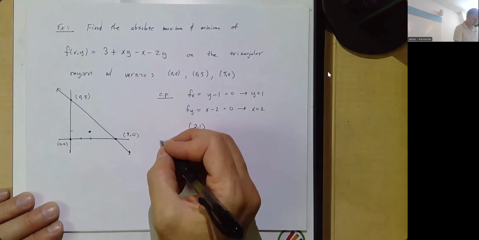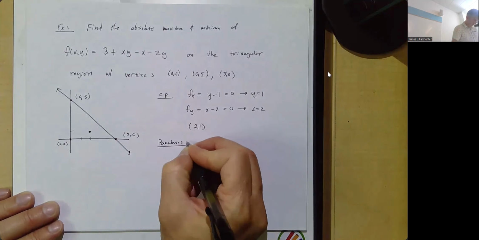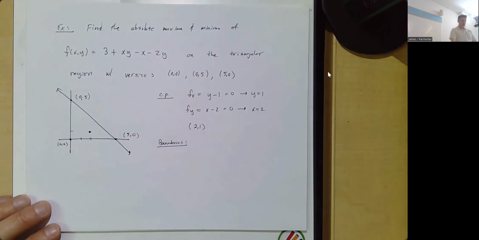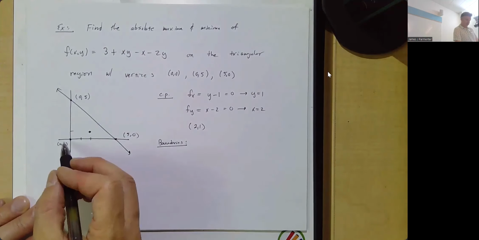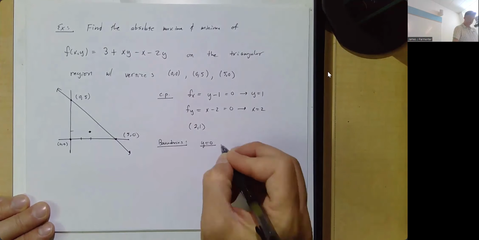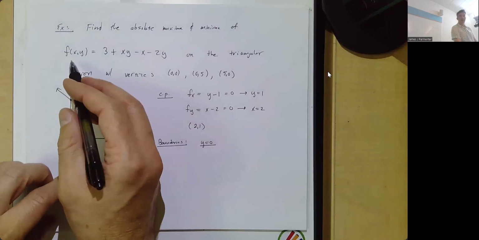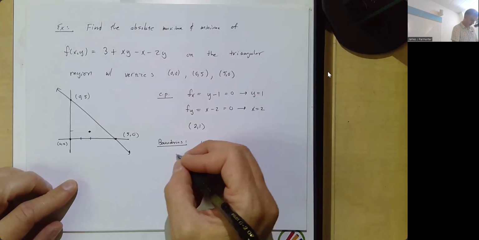Okay, now we're looking at the boundaries. So I'm going to look at this first one, this bottom boundary, which is y equal to 0. For y equal to 0, I'm literally just taking my function and replacing y with 0.